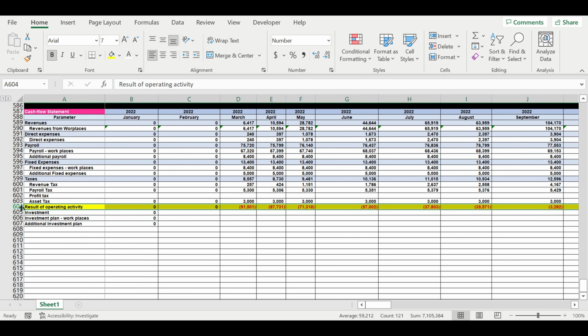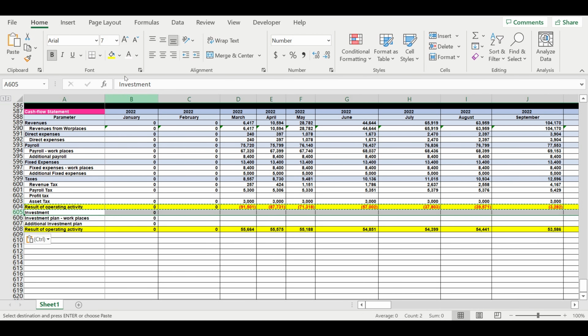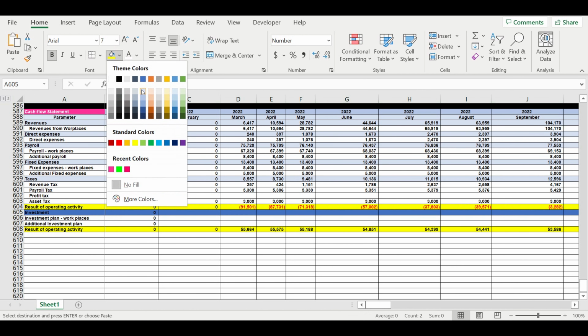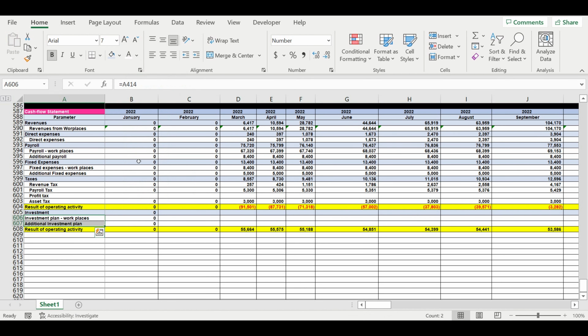Then we create the next line, the result from investment activity.